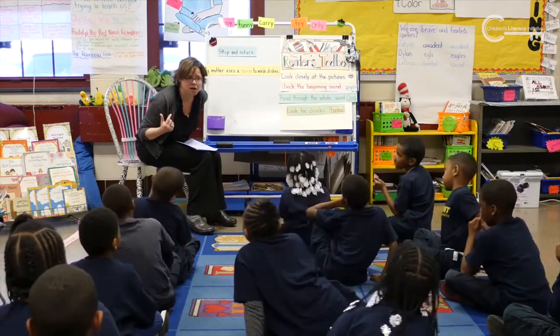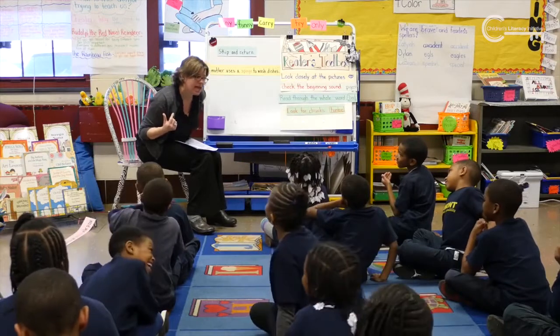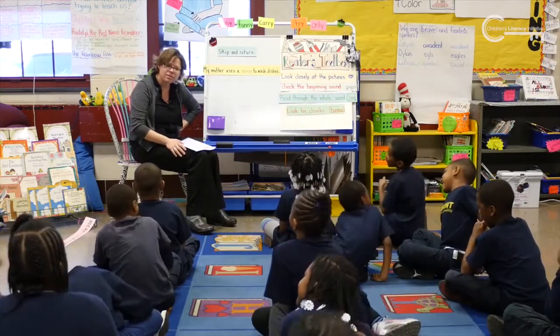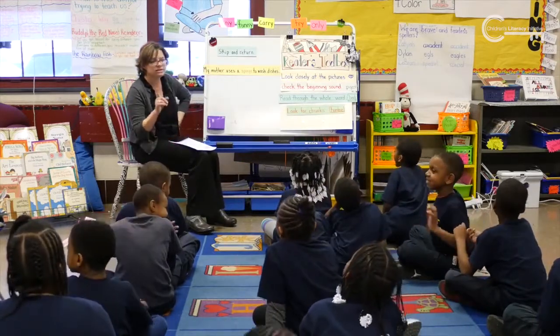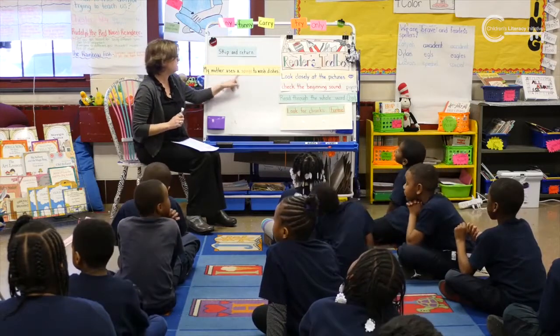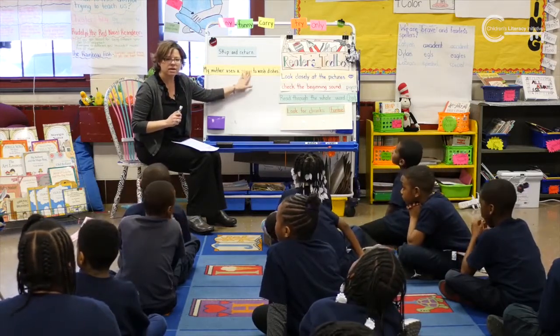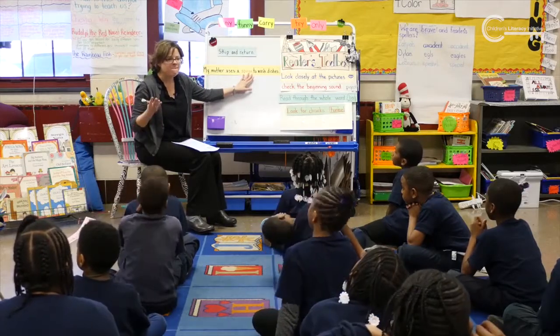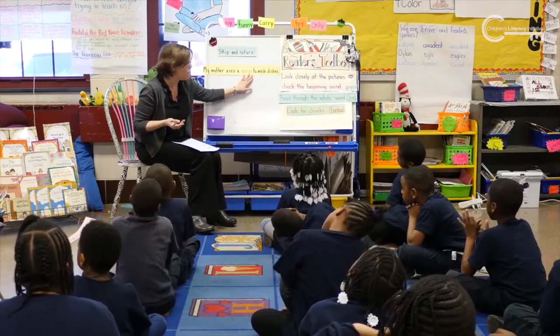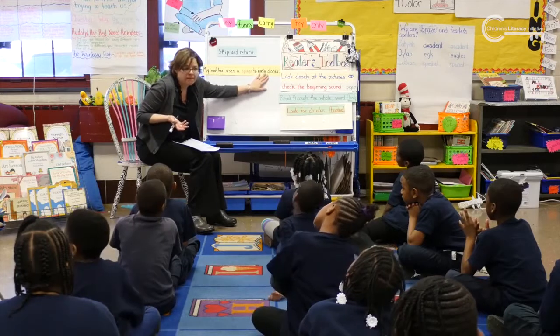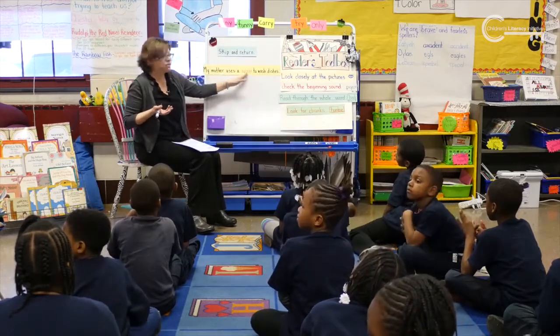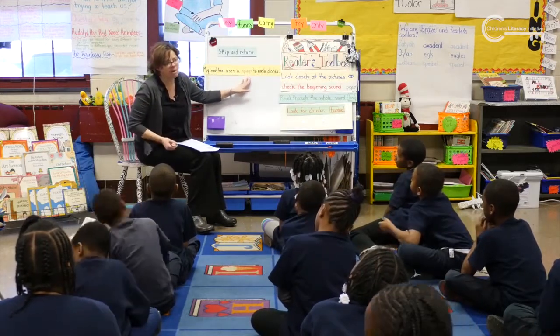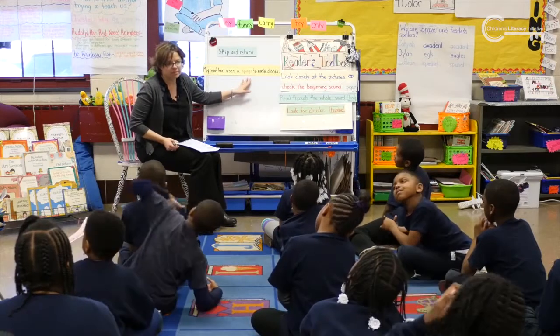I do not know what that is, and I really couldn't figure it out. So this is the strategy I used. I skipped right over it. And I thought to myself, let me keep reading. Maybe I'll learn more about what the story is about, and then I'll go back to the word, and that will help me figure it out.